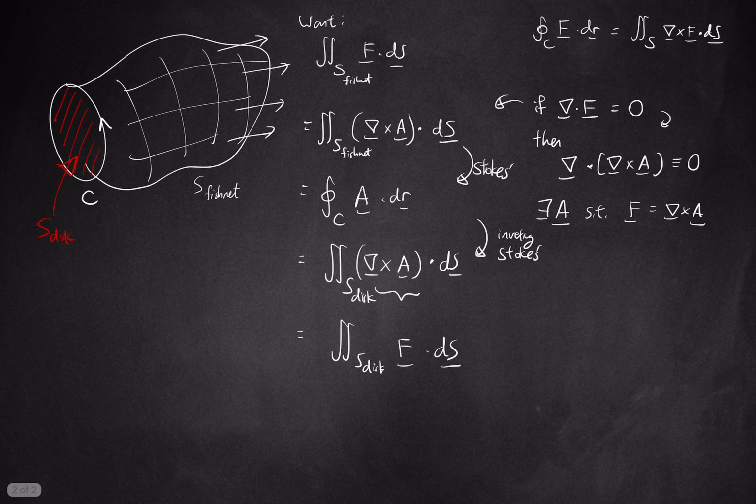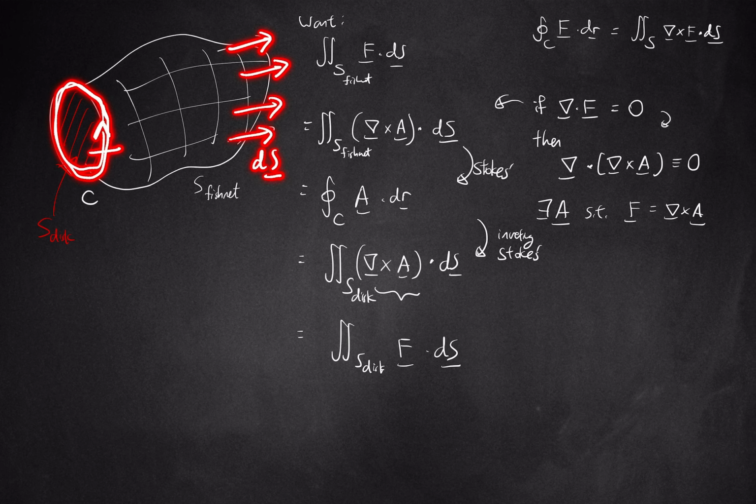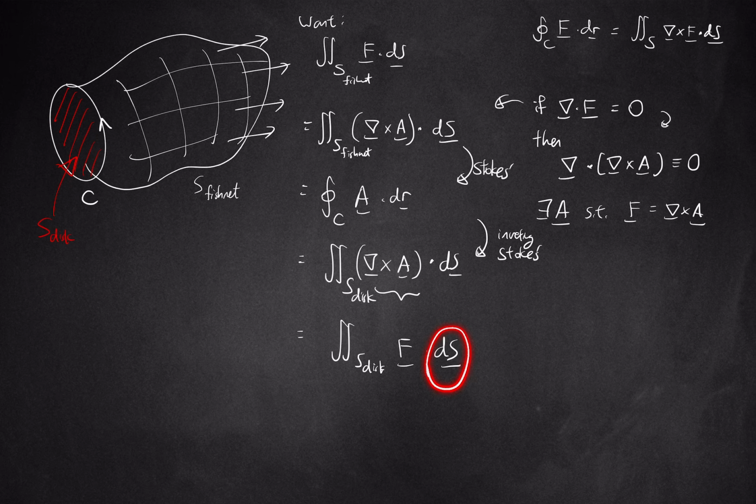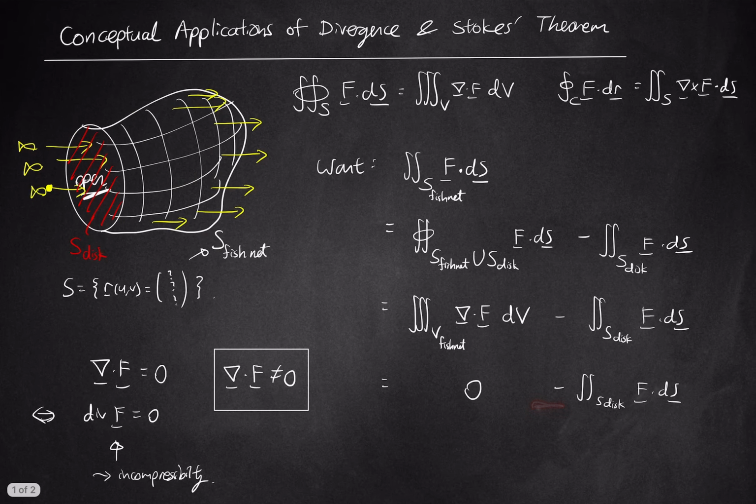Over here we are going through the same orientation, so if C is going around the same orientation, then for the fishnet surface, if the dS is pointing in one way, the dS is also pointing in the other way. This is just about which way this curve is going around. So in case you're wondering where's the negative sign, that's the reason.